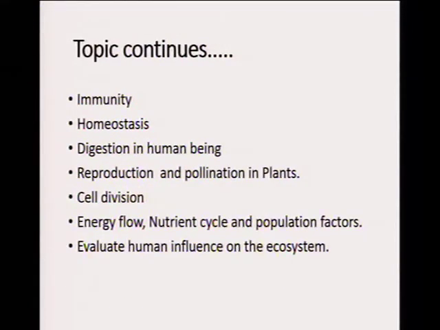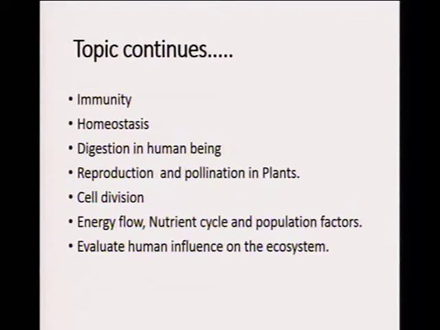Now, let's move on to immunity. Here, we are looking at the different types of immunity that are found in our body. Immunity is the ability for living organisms to protect themselves against diseases.